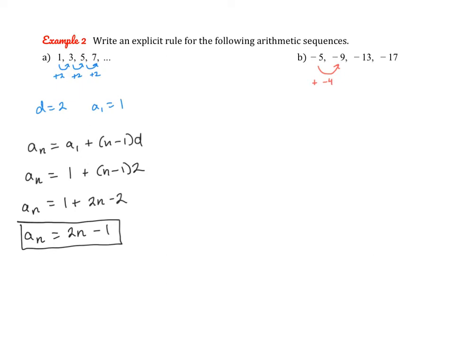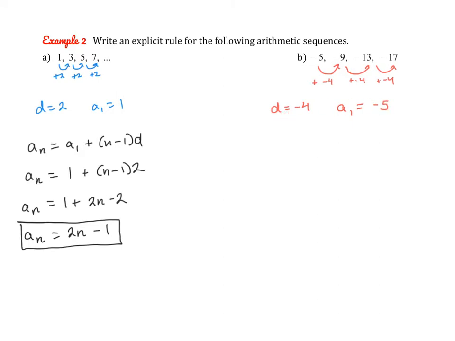But typically we say what are we adding to each term. Then to get from the second to third, we're doing the same thing. We're adding -4, adding -4. So we can see that there is a clear common difference. The common difference is -4. And we can see just from the list that our first term, a sub 1, is -5.